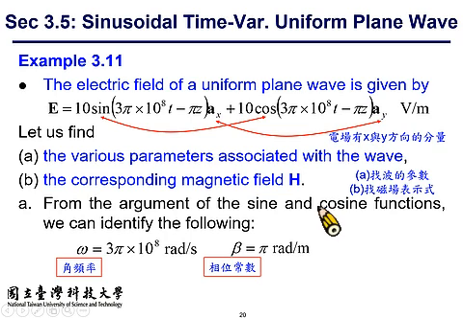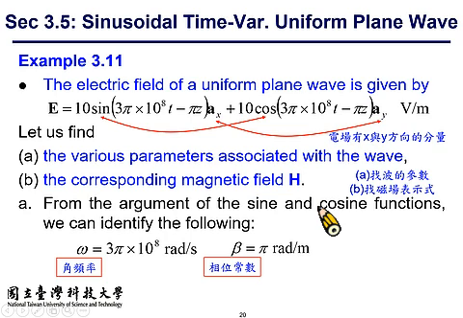You see the functions are in the form of omega t minus beta z, and you can see that they have the same omega and the same beta value. And another important thing about this description is the two components, the X component and Y component, differ by 90 degrees. Their phase has a 90-degree difference.